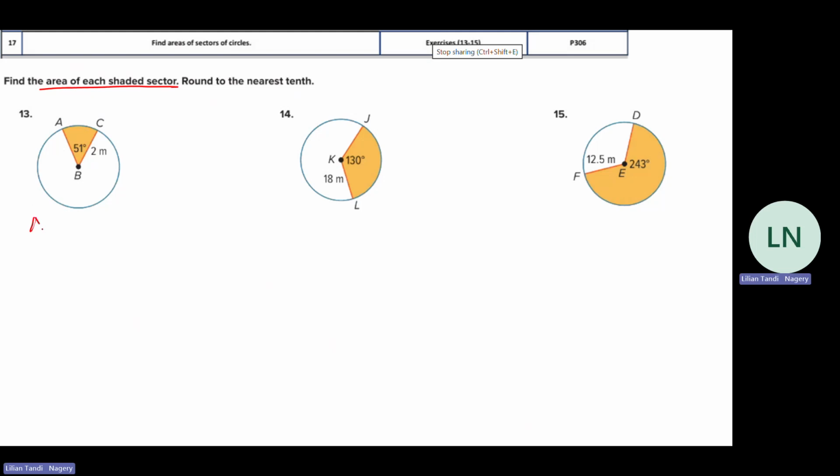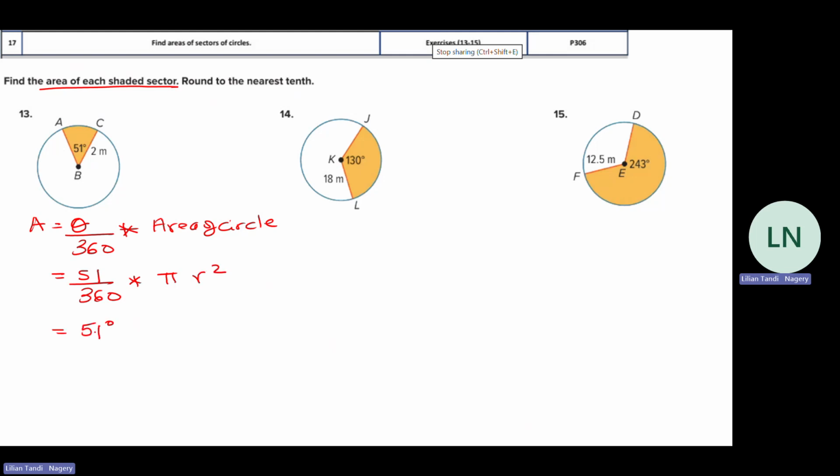It says area equals central angle divided by 360 multiplied by the area of the circle. So my central angle is 51 over 360 multiplied by pi r squared.